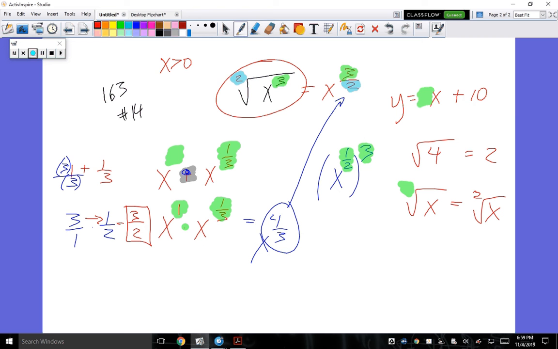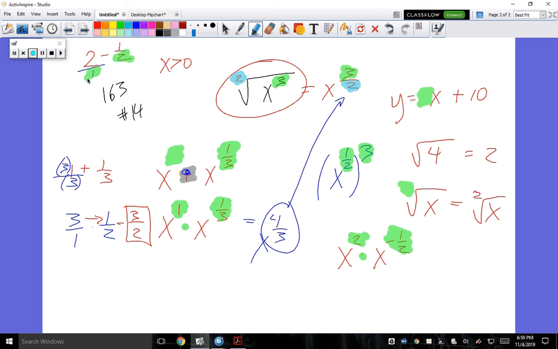And then last but not least, x squared times x to the negative 1/2. Because this is multiplication, what do I do with the powers? I add. So 2, and again, I'm not going to go for decimals. So 2 plus a negative 1/2, I need, look, common denominator. I don't have it right now.